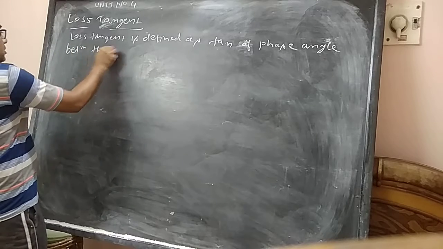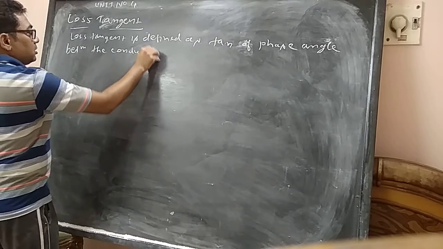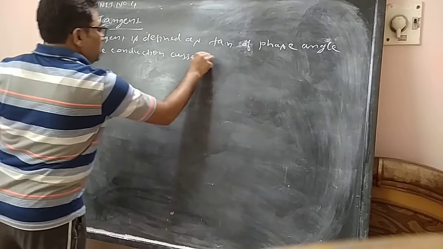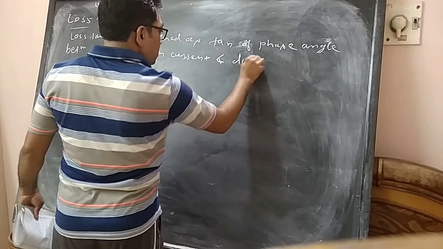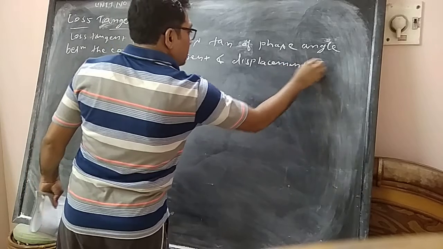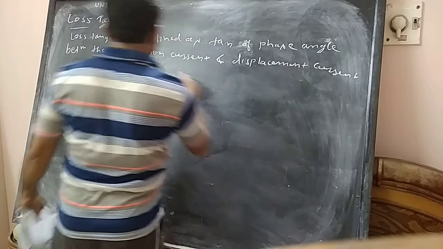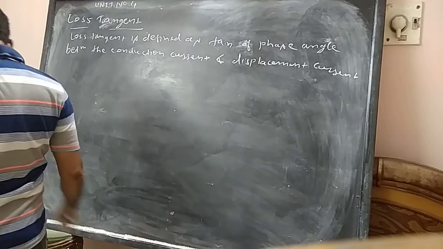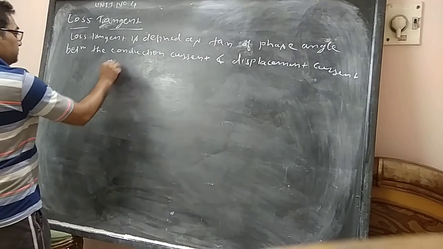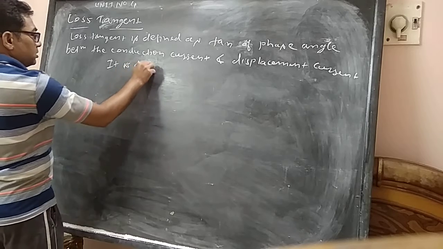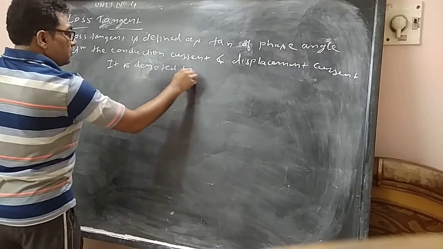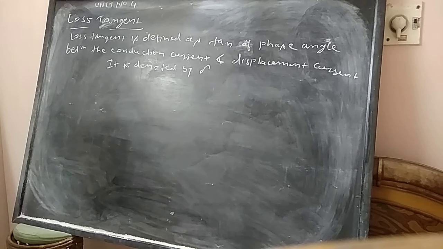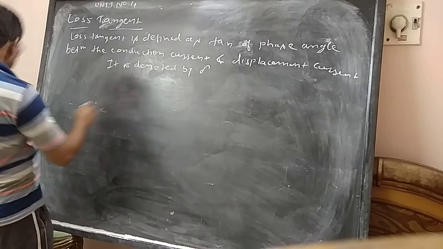Just now we have seen the conduction current and displacement current, denoted by Jc and Jd, and the loss tangent is denoted by delta. This loss tangent is also defined as the ratio of conduction current density and displacement current density.